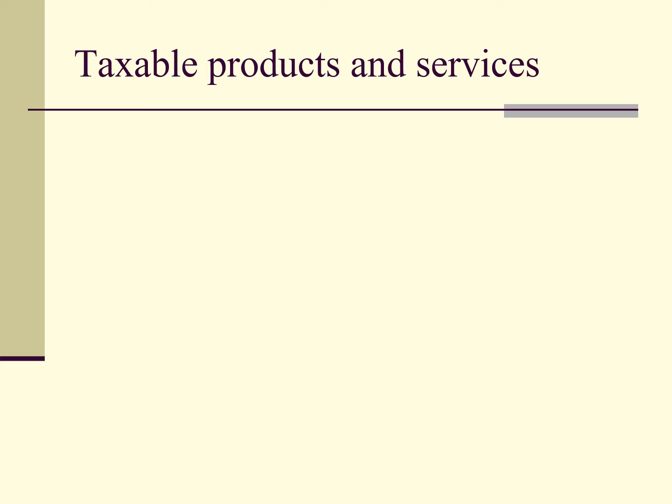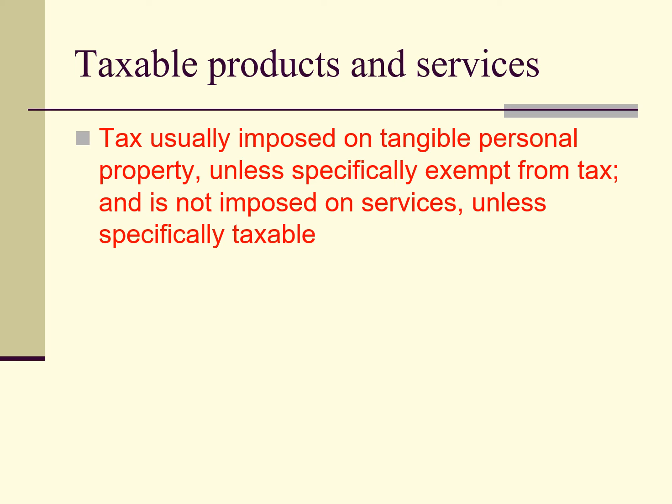Let's now look at what is and is not subject to sales and use tax. In general, tax is imposed on tangible personal property unless specifically exempt from tax, and is not imposed on services unless specifically taxable.